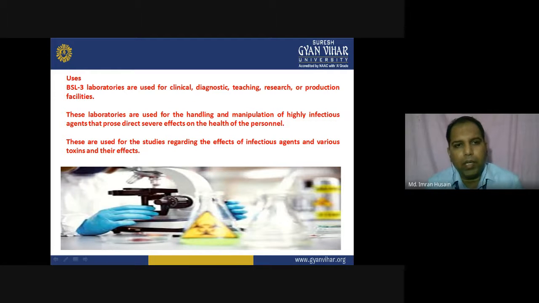Uses. BSL-3 laboratories are used for clinical, diagnostic, teaching, research, or production facilities. These laboratories are used for handling and manipulation of highly infectious agents that cause direct, severe effects on the health of the personnel. These are used for the studies regarding the effect of infectious agents and various toxins and their effects.